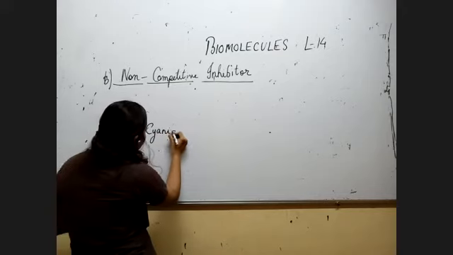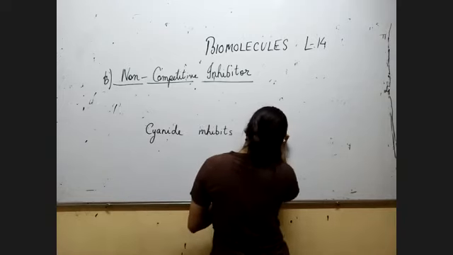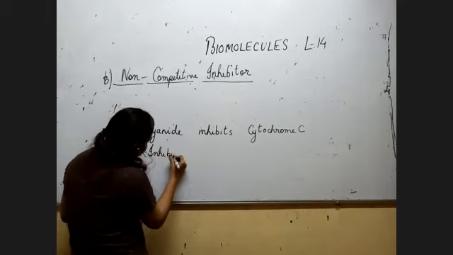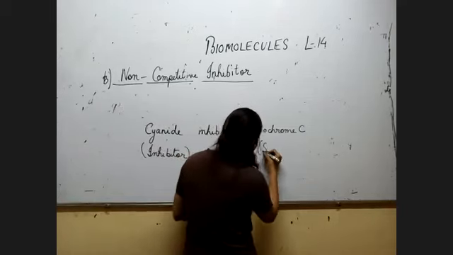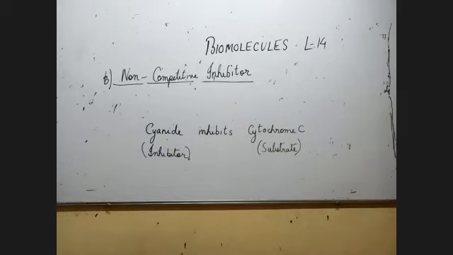Cyanide inhibits cytochrome C. This is the inhibitor and this is the substrate.